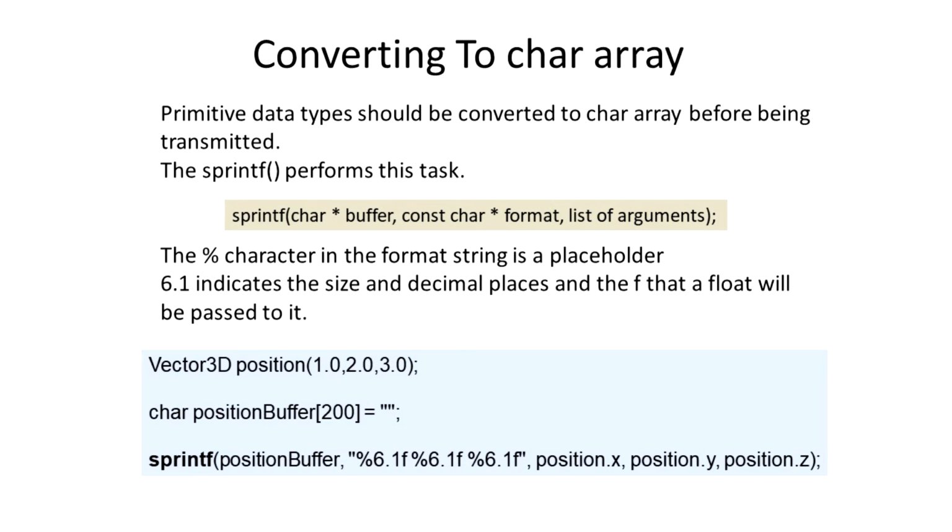Okay, so only one thing to note really is that the percentage 6.f, the 6.1 refers to the size in decimal places, and f here is referring to float. Like we could write d for decimal as we've done previously, we're writing f for float here to refer to the type.